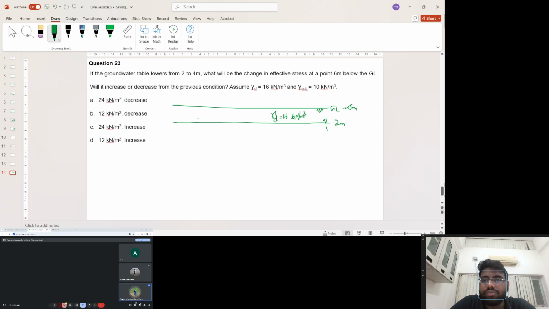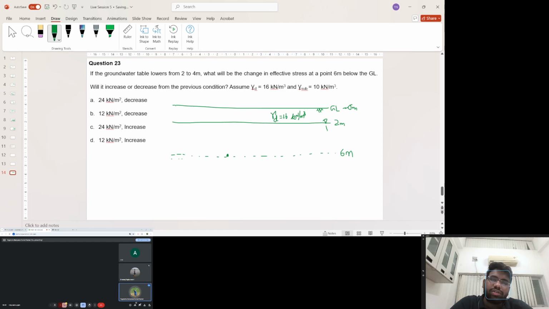Now we need effective stress at a point 6 meters from ground level.